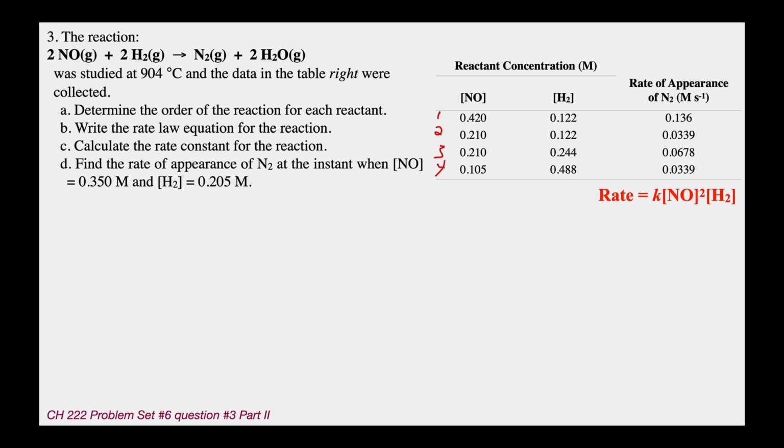All right, well, rate 0.136, that would be that number. I don't know K, that's what we want to solve for, but the NO concentration would be 0.420, and I would square that number because it's second order. And the H2 concentration, 0.122, that would be raised to the first power just by itself.